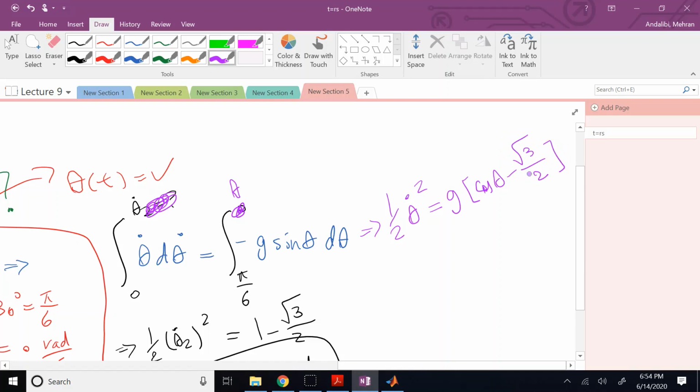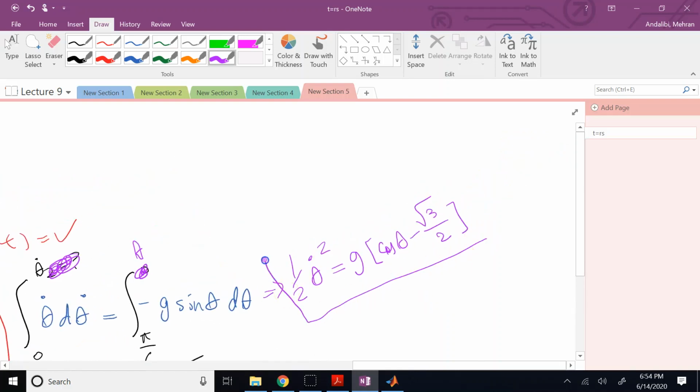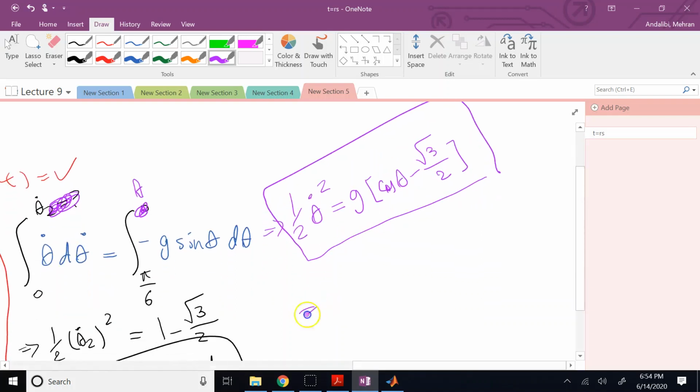And now guess what? This is, again, a nonlinear differential equation. And it is what? First order. So if you find theta dot based on theta, theta dot is going to be 2g cosine theta minus square root 3 times g under a square root, plus or minus.